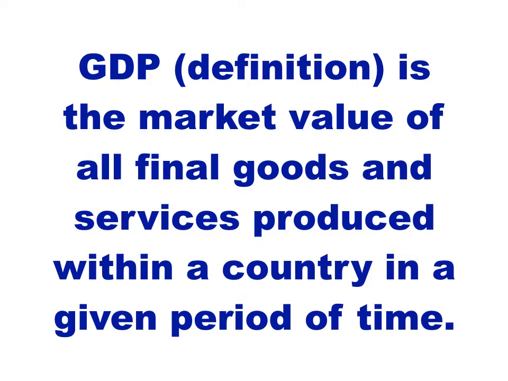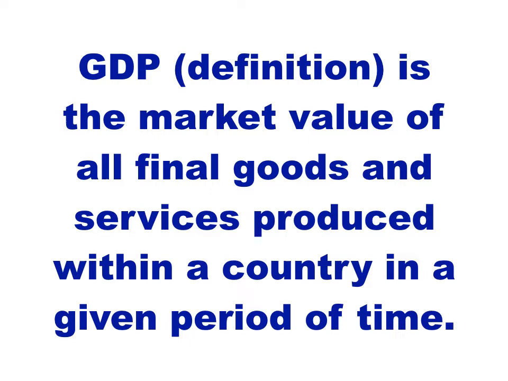Your textbook goes into each of these components in great detail. I'm going to go through this as well in a reasonable amount of detail, but I encourage you to also review the textbook. So here's our definition. GDP is the market value of all final goods and services produced within a country in a given period of time.